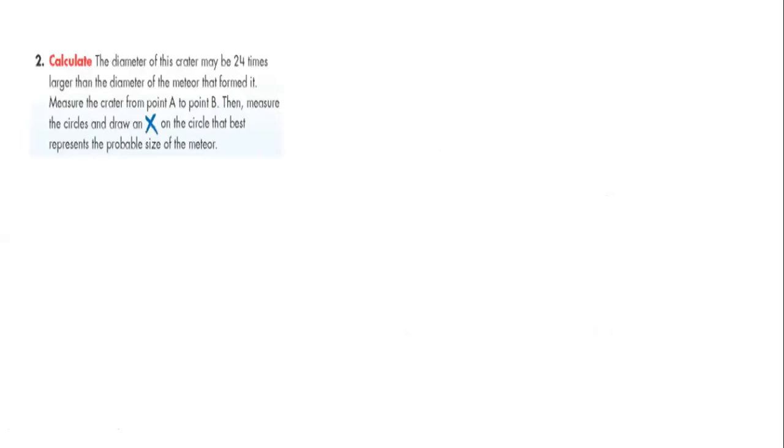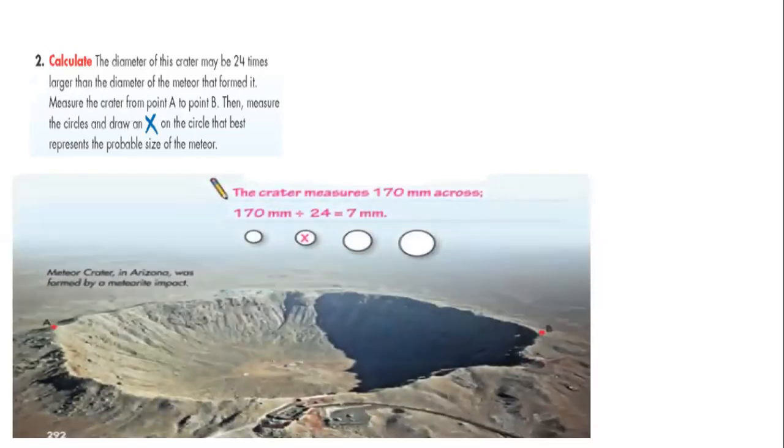Okay, now calculate: the diameter of this crater may be 25 times larger than the diameter of the meteor that formed it. Measure the crater from point A to B, then measure the circles. Draw an X on the circle that best represents the proper size of the meteor.